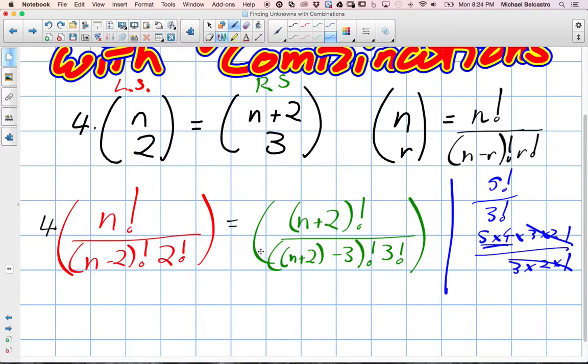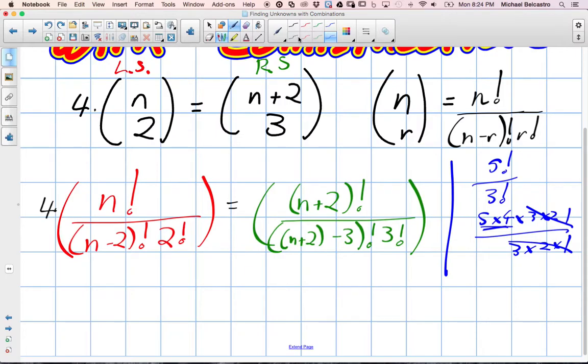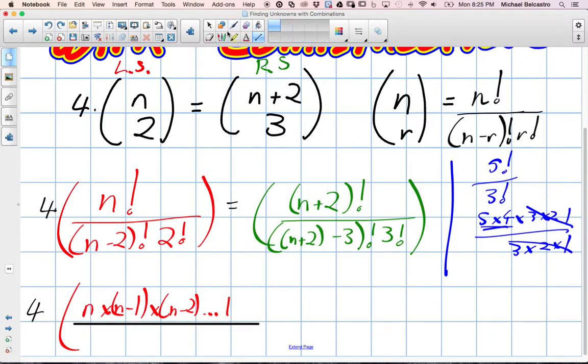So, written the way it's shown here, we still have our 4, times n times n minus 1 times n minus 2, and so on all the way to 1, divided by n minus 2 times n minus 3 all the way down to 1, and then times 2 factorial.